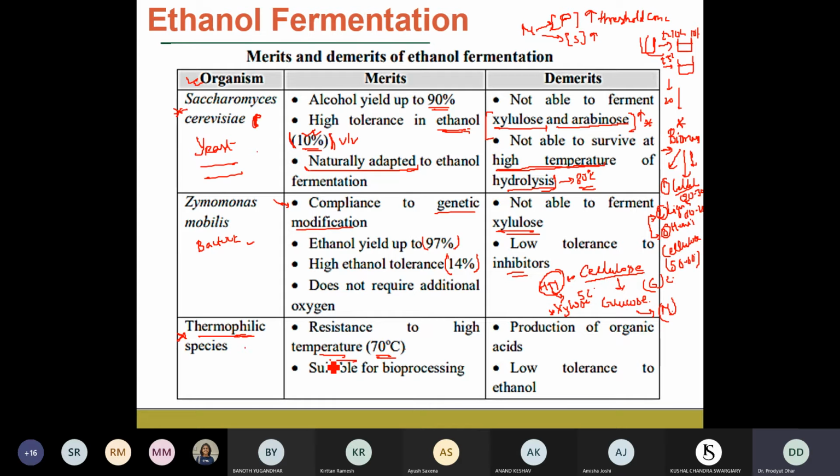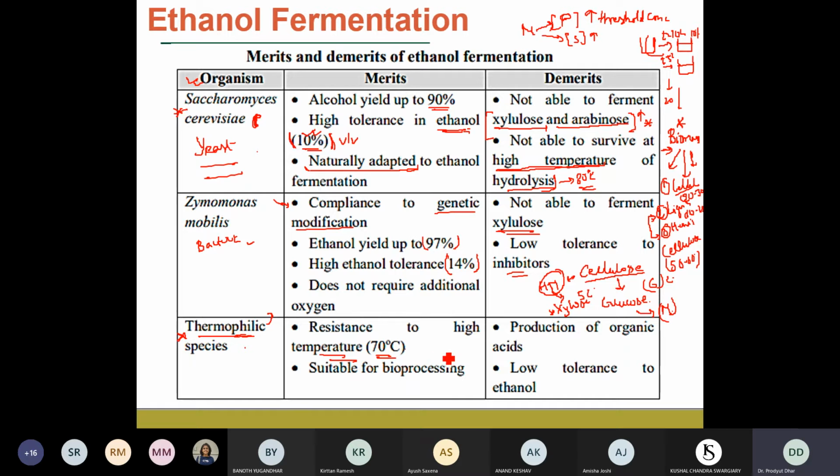So generally, by a combination of genetic engineering approaches, these things are carried out. We'll look into that technique, how genetic modification, mutations, and gene transfer through rDNA technology are carried out to improve the microbial strains for the production of ethanol.